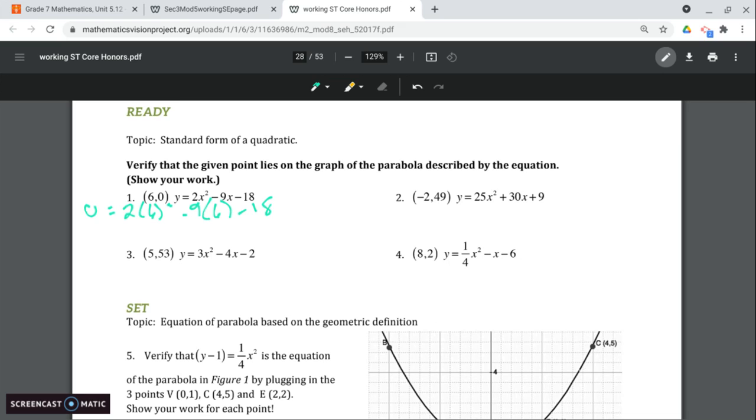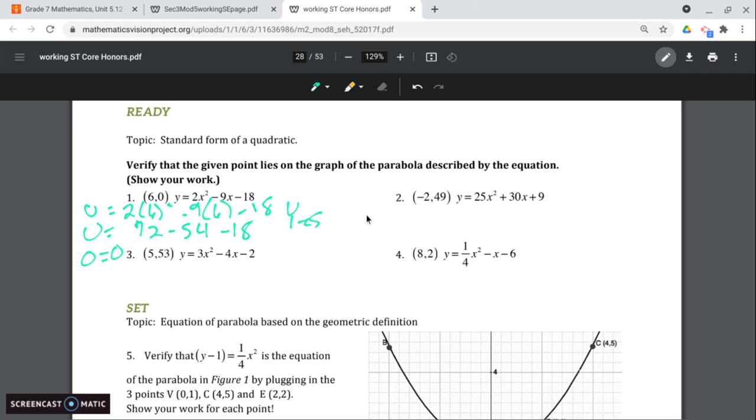So 6 squared is 36, and 2 times 36 gives us 72. So this is 72 minus 54 minus 18, and if we take 72 minus 54 minus 18, we do indeed get 0. So yes, this point is on the line.